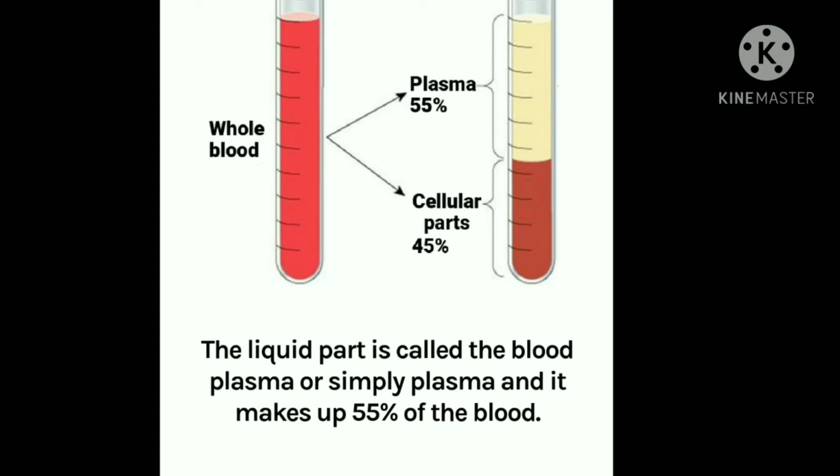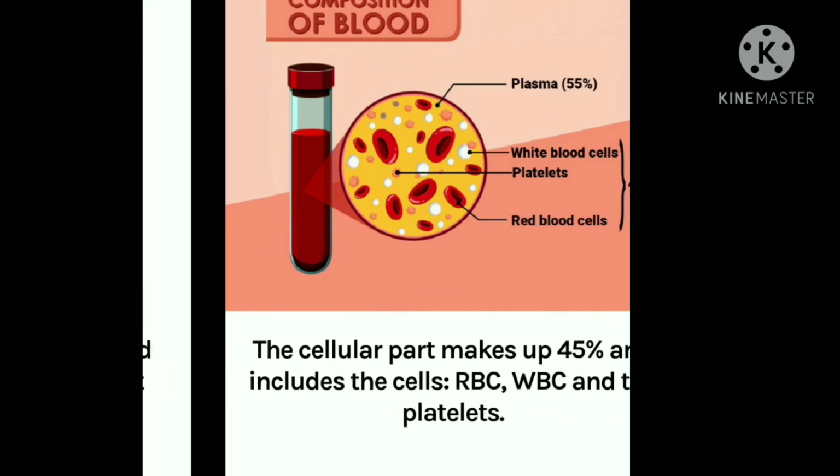The liquid part is called the blood plasma or simply plasma, and it makes up 55% of the blood. Here you are able to see, if we consider this is 100% blood, then there is 55% plasma and 45% cellular part.